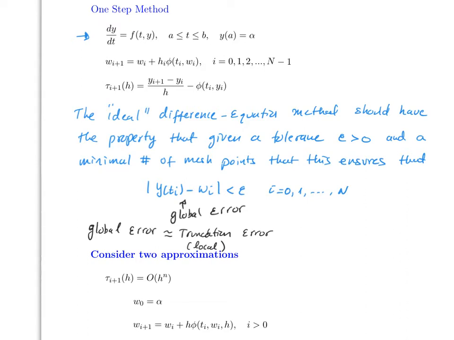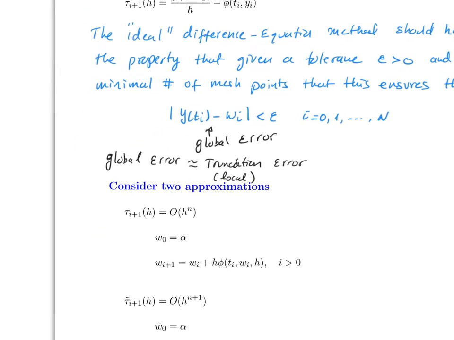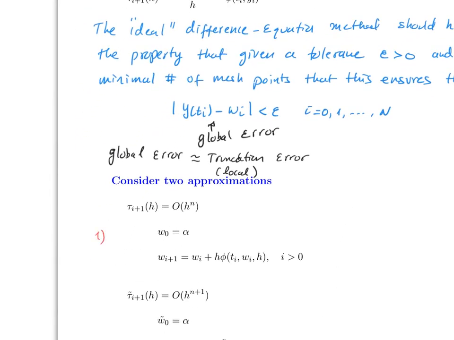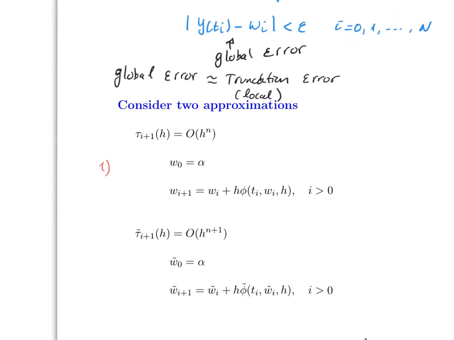Consider the next two approximations we have. This is approximation number 1, and this is approximation number 2. Notice that the first one is order of h to the n, and this one is one degree higher, h to the n plus 1.